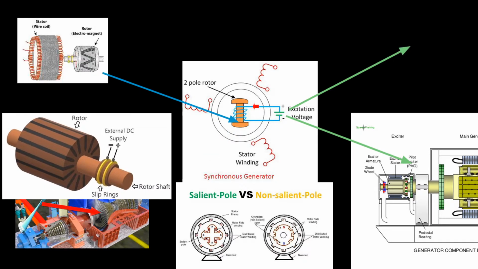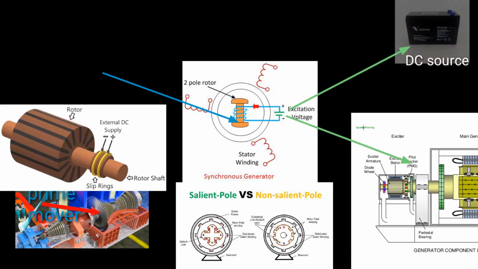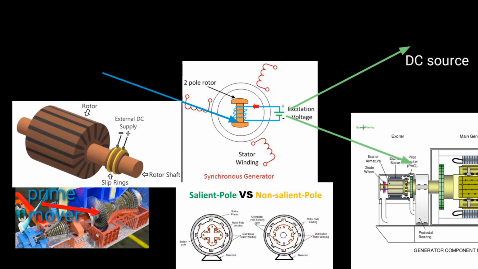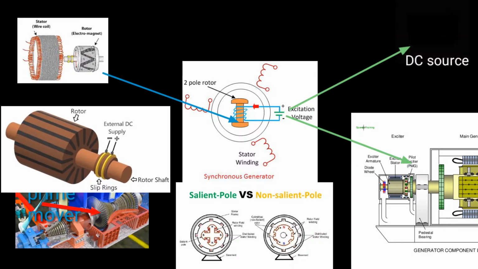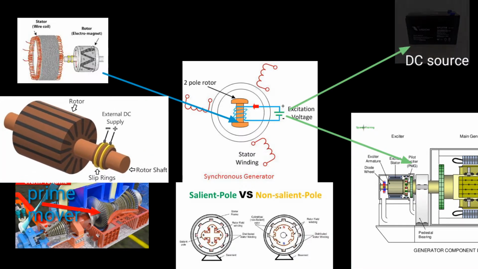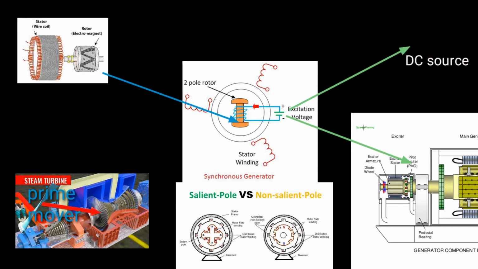Here the excited DC supply to the field winding is mounted on the rotor shaft in a synchronous generator. The rotor winding is energized by a DC source to develop the rotor magnetic field.